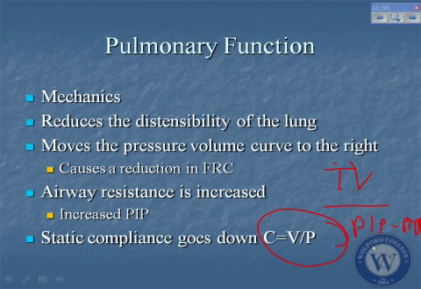So if somebody is having increasing pulmonary edema, what happens to peak inspiratory pressures? Compliance is going down, and pressure is going up. So if you see increasing peak inspiratory pressures, you have to think in the back of your mind, do I have pulmonary edema going on in this case or not?